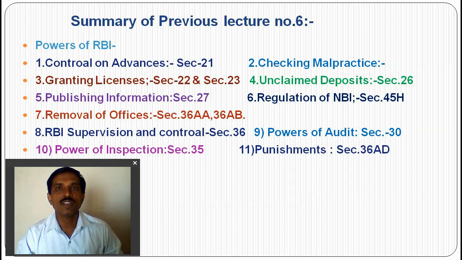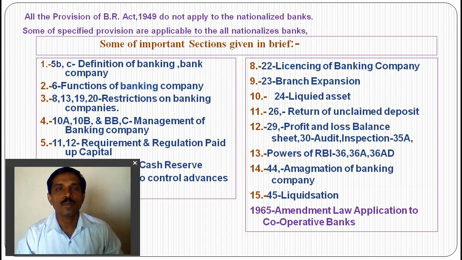Punishment applies when bank employees participate in any strike and create obstacles to customers entering the office, disturbing or diverting customers. At that time, some punishment is mentioned in section 36A(d). And some of the provisions are applicable to the Nationalized Bank under this Bank Regulation Act 1949.